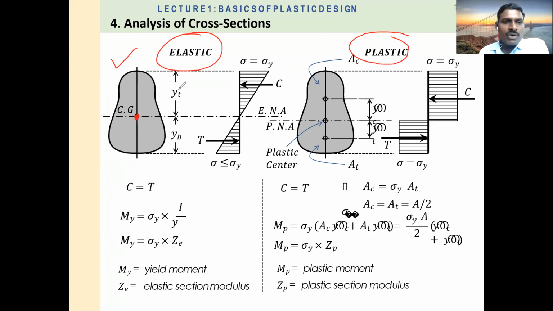So CG from top, this Yt is nothing but what, and Yb is nothing but what? Centroidal distance from top. Yt is the centroidal distance from top and Yb is the centroidal distance from bottom. Got it? So this is your, and this is your what? Elastic neutral axis. Elastic neutral axis. So in this case, this is the compressive force and this is the tensile force.